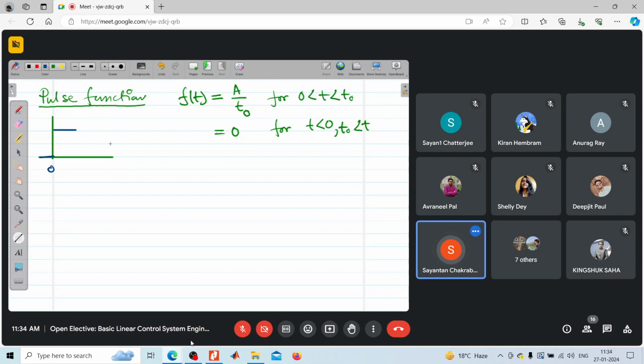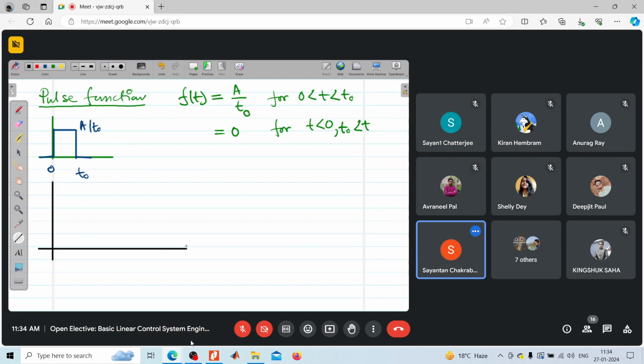This is the t0, and from t0 onwards it is 0. Now the next question comes: how do we define such a pulse type of signal? How can we define this?